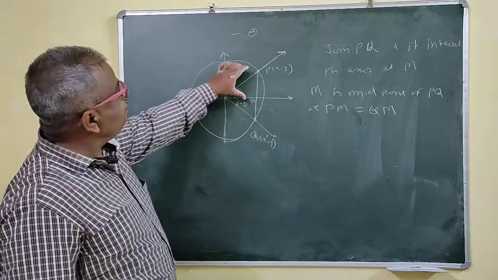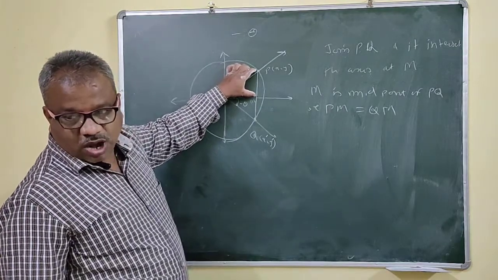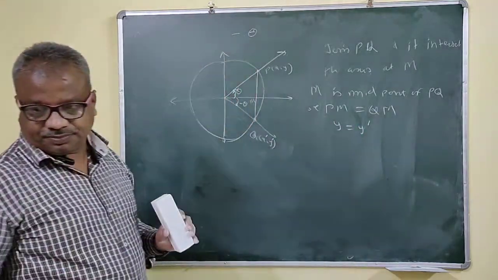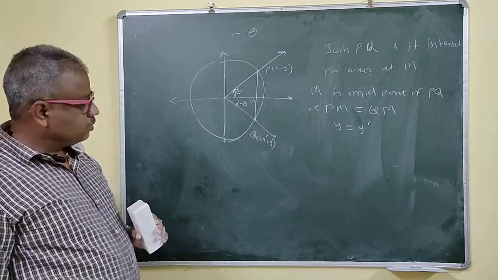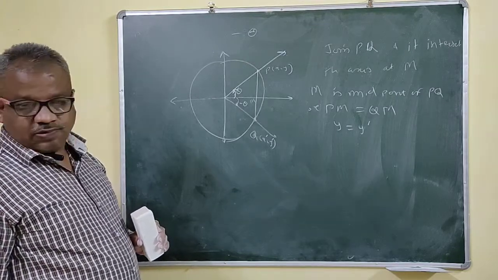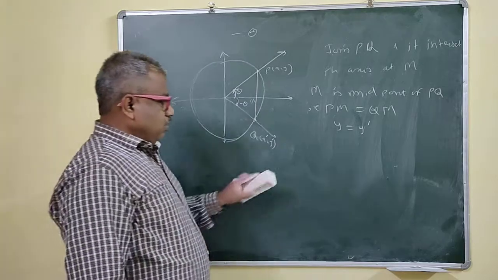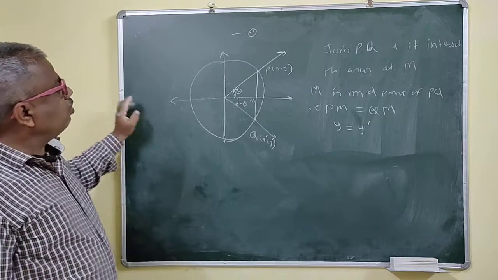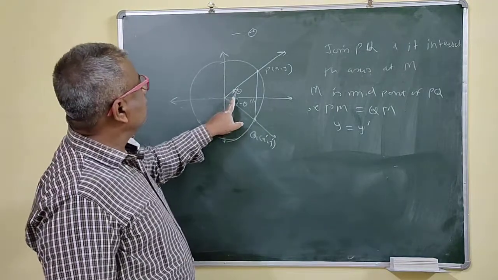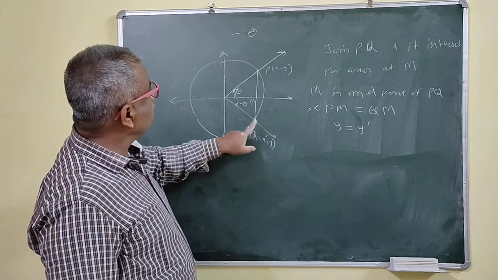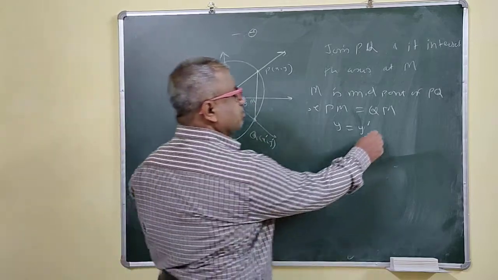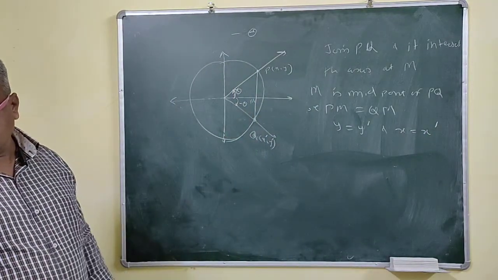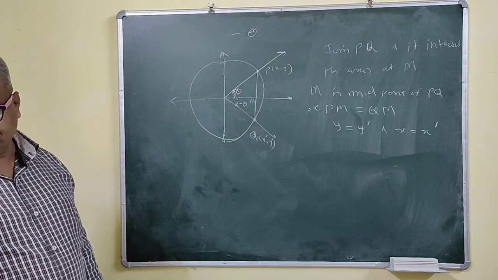Now PM is y, which is the same as y prime, and x is the same as x prime.